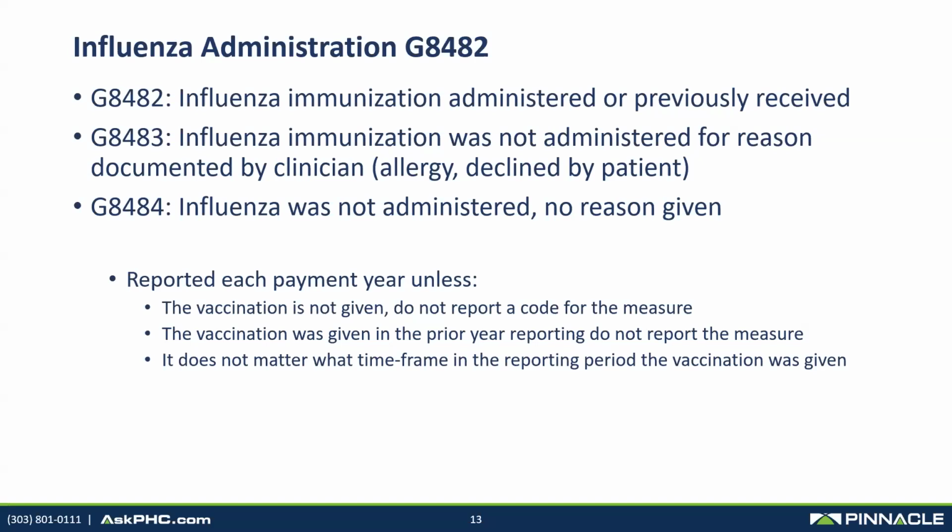So whether they're overdue or they're right on target or they've had it, any of those would suffice for this measure. Just saying, I reviewed the most recent one I could find, even if it was 5 years ago and they're behind the 8 ball, I reviewed what was in front of me and we made a plan to do it this next year or whatever, you could also appropriately put the G code.